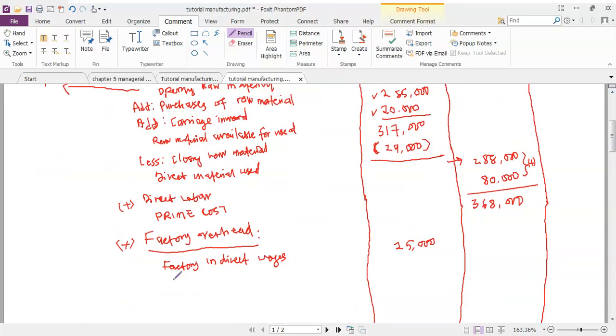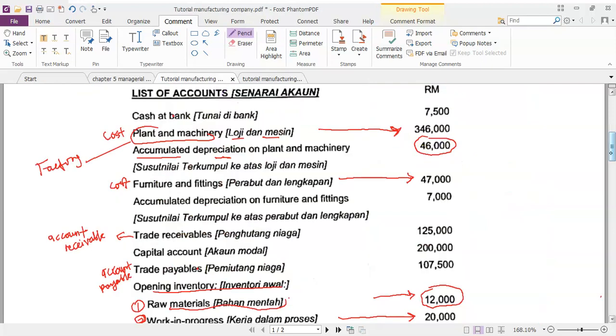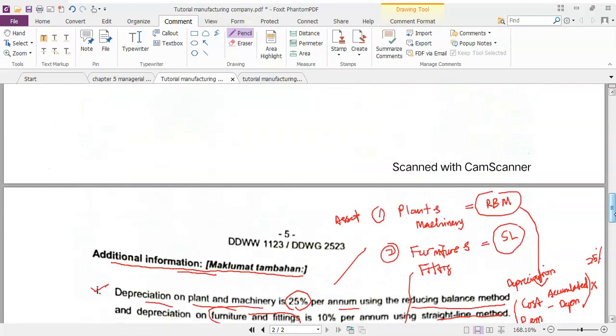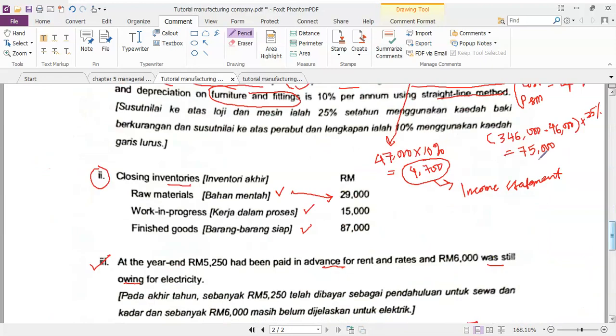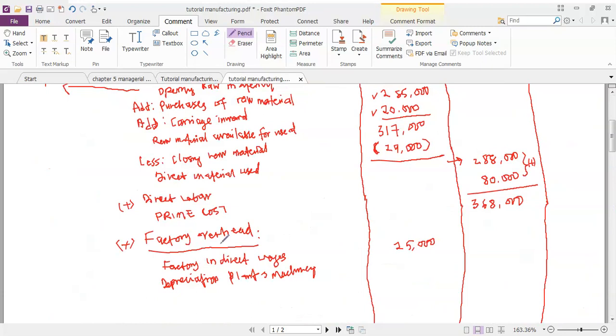So remember this, plant and machinery depreciation we should put in the factory overhead. So we calculated that before. So how much is the depreciation? Look here, 75,000, right? So this 75,000 is included in the factory overhead.